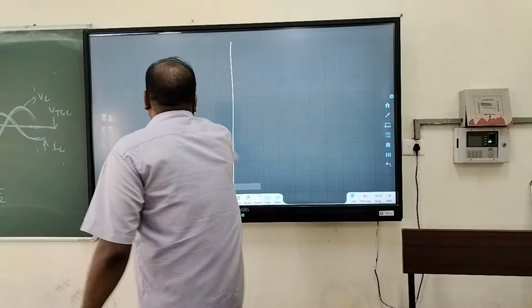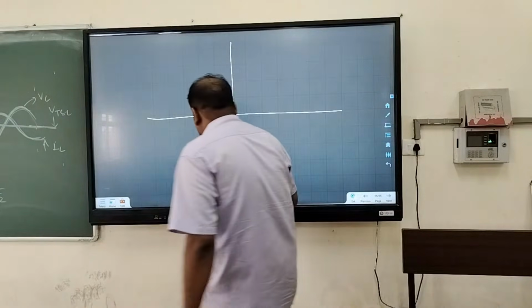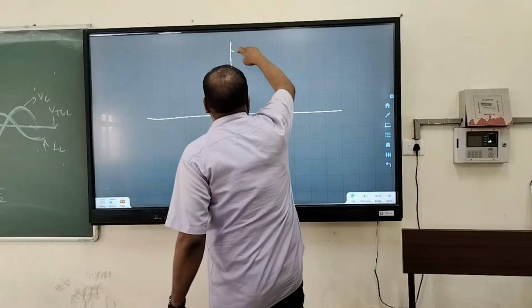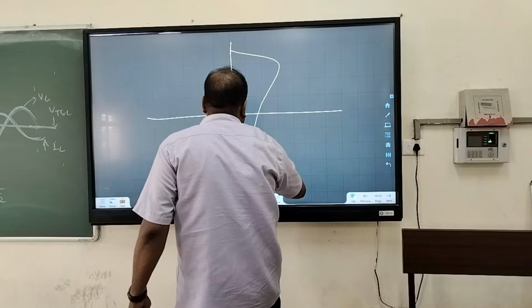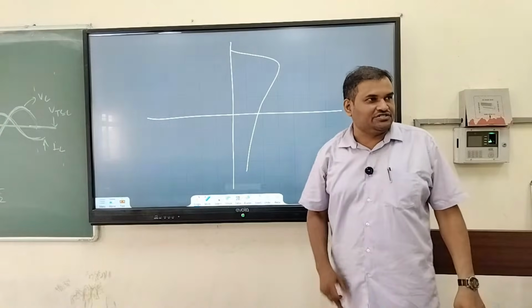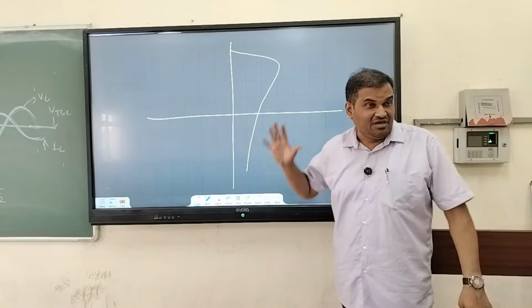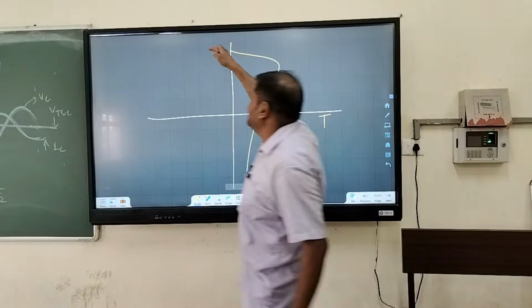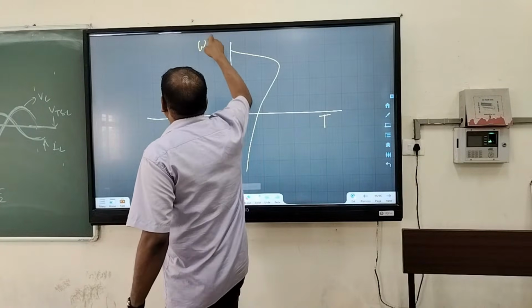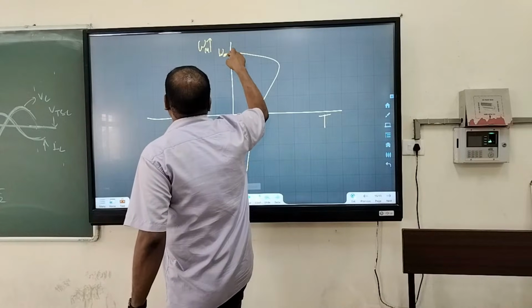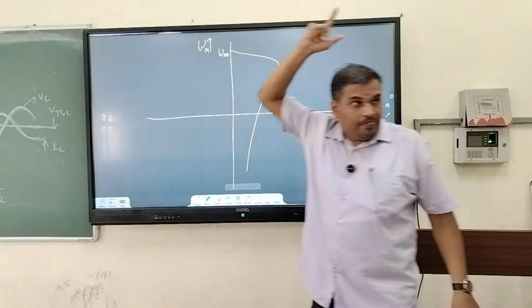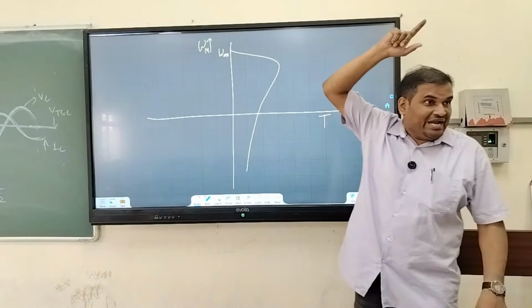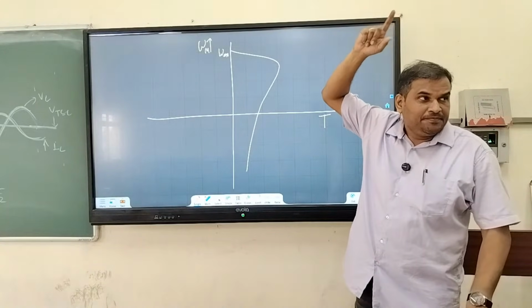Speed torque characteristics of induction motor here. How does it look like? Speed torque characteristics. If I say positive sequence, x-axis torque, y-axis omega m, this is omega ms. When the motor is running at omega ms, what is the value of slip?